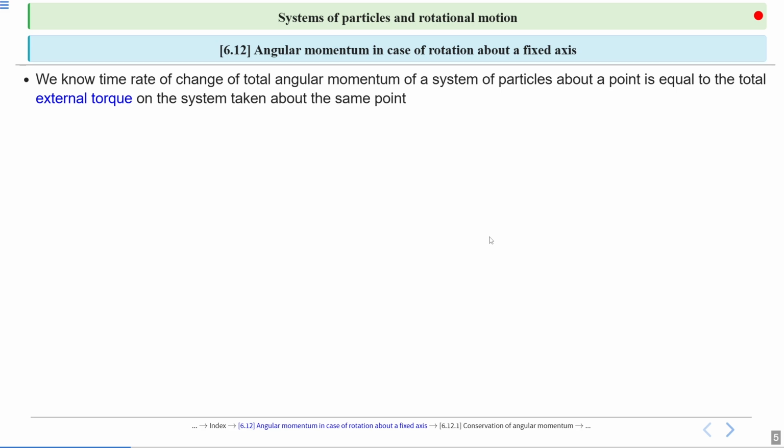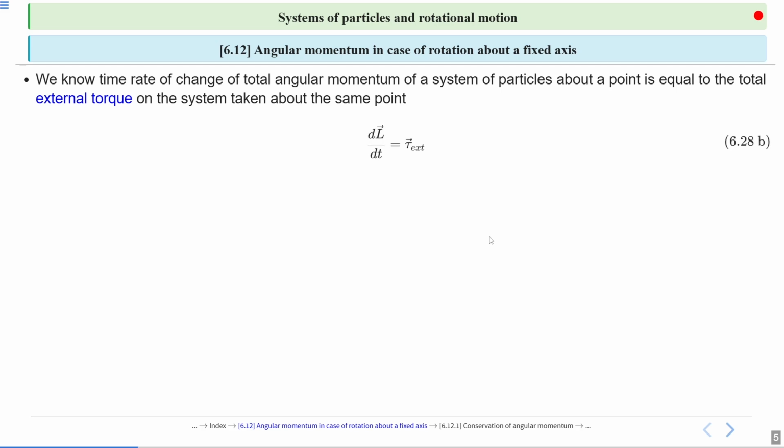So let us consider, firstly, some formulas that we already discussed in last lectures. We know the time rate of change of total angular momentum of a system of particles about a point is equal to the external torque on the system taken about the same point.